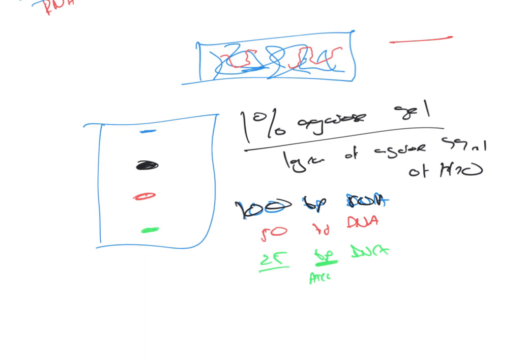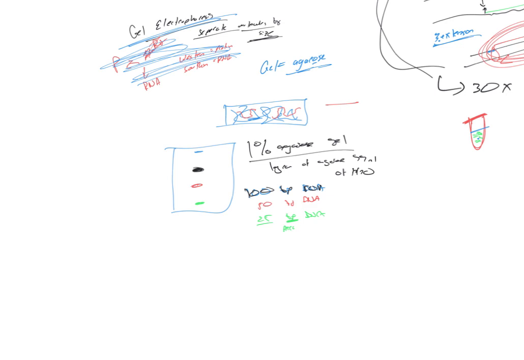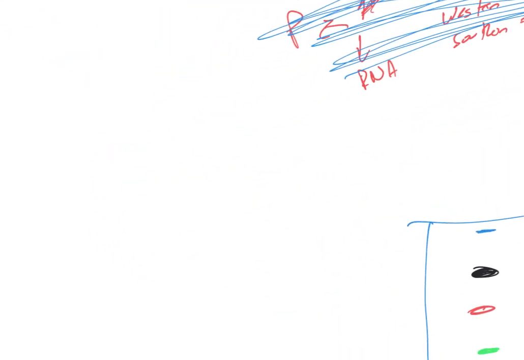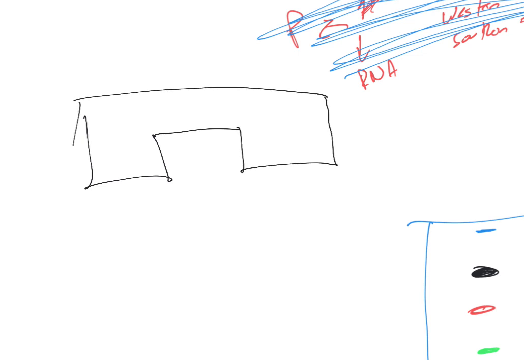Okay? Now, what this looks like is, here's my box from the side point of view. Okay? Here's my side. Now, I have a wire here, and I have a wire here. In this chamber, and my gel, here's my gel. Okay? Here's the starting point. Here's the end point.